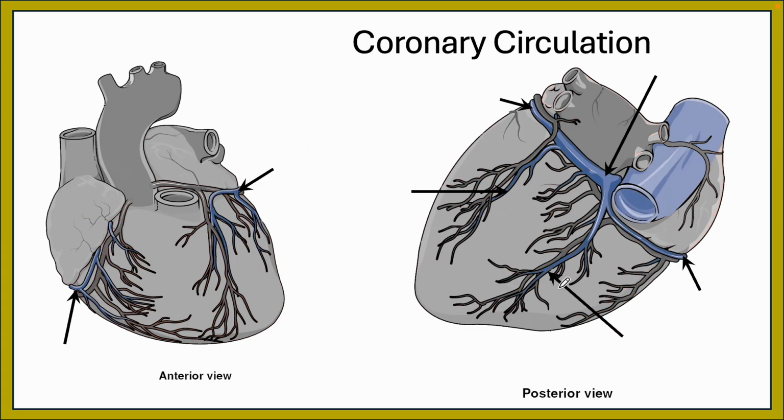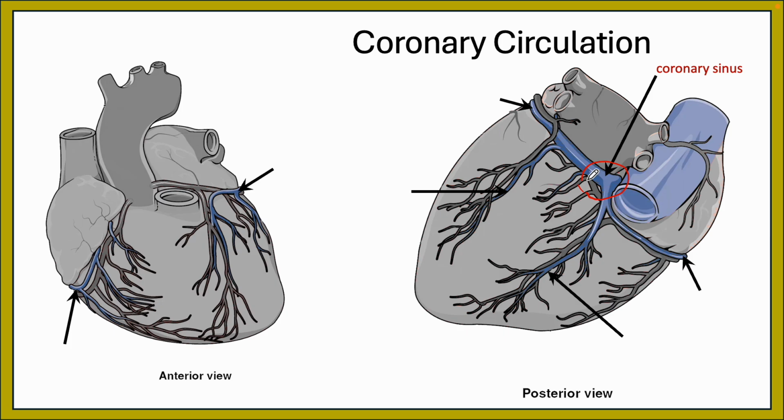All right, if we look at the venous circulation of the heart, you'll notice that the veins run mostly parallel to the coronary arteries. The main draining component is going to be the coronary sinus. Most coronary veins are going to drain into that.